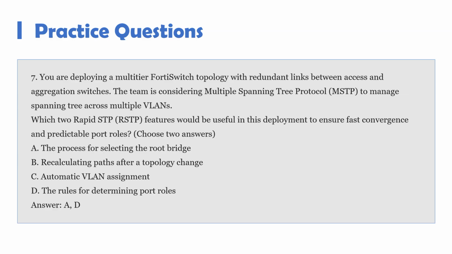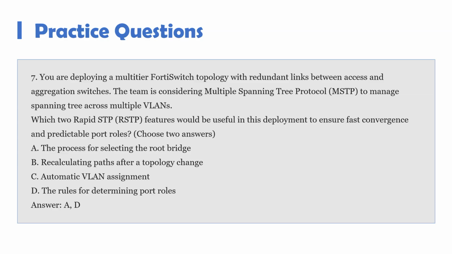7. You are deploying a multi-tier FortiSwitch topology with redundant links between access and aggregation switches. The team is considering multiple spanning tree protocol, MSTP, to manage spanning tree across multiple VLANs. Which two rapid STP, RSTP, features would be useful in this deployment to ensure fast convergence and predictable port roles?